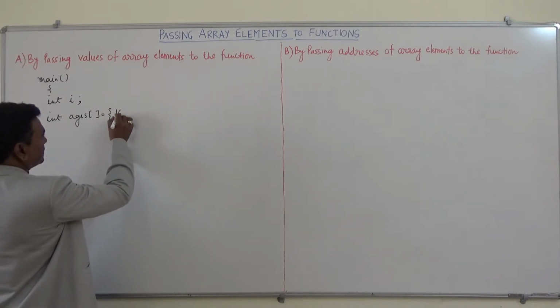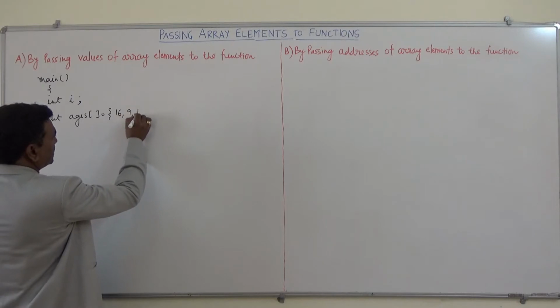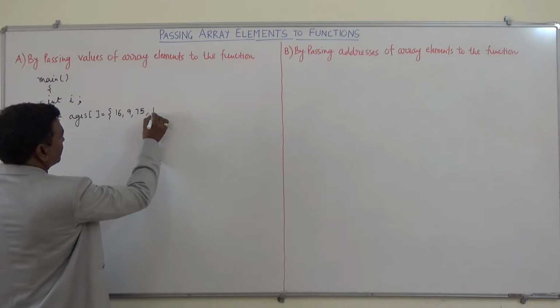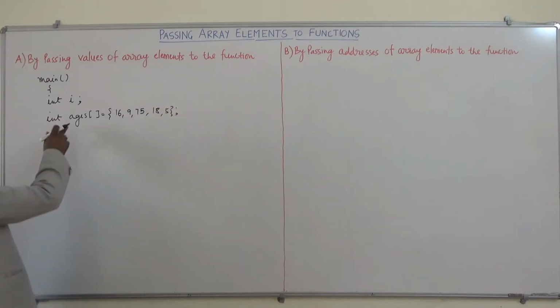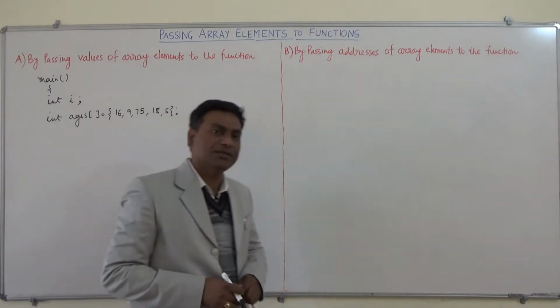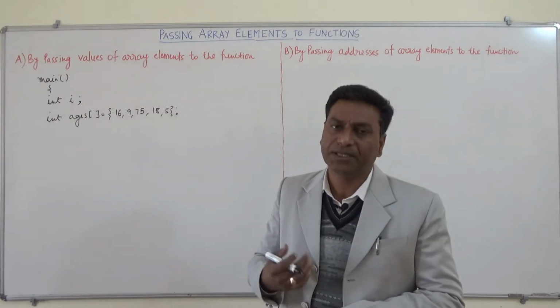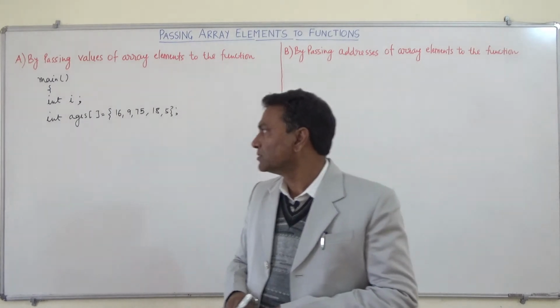Say the elements are 16, 9, 75, 18 and 5. This is an array of integer type.